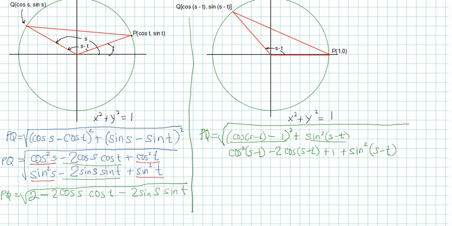And let's see if we can do some crazy stuff here. Again, we have a cosine square and a sine square. So we get these two, and so we get a 1 there. And then this other one, we get a 2. And then we copy this stuff, minus 2 cosine of s minus t. And that's PQ equals the square root of that.